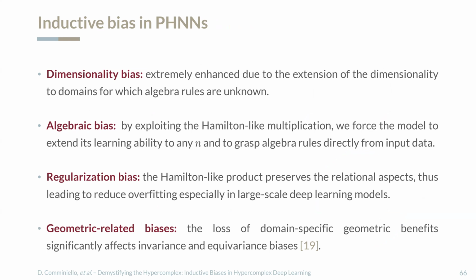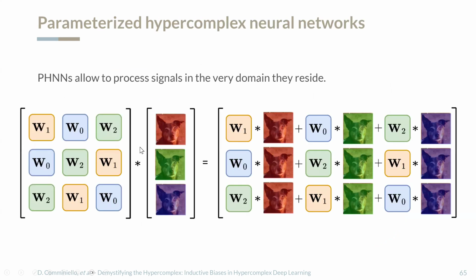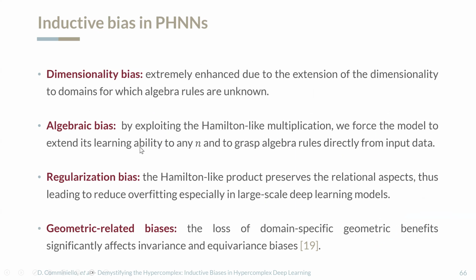So all with some properties. Basically, the main property that is exploited in this way is the Hamilton product. It is a kind of decomposition of the Hamilton product. We focused on the Hamilton product because it is the most relevant property of hypercomplex algebra that can lead us to save a lot of parameters.